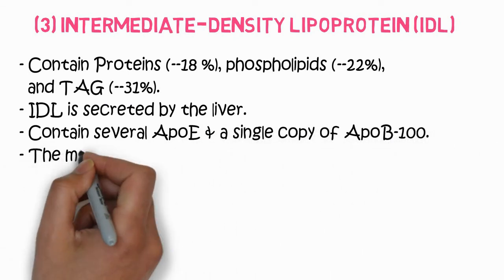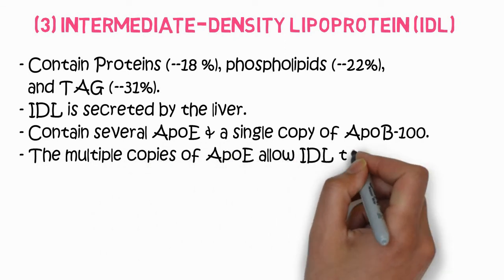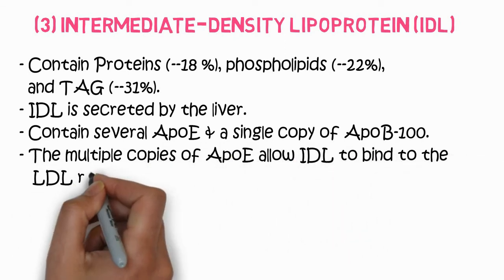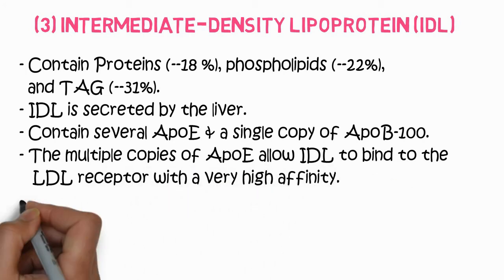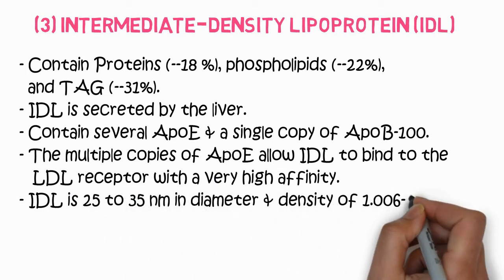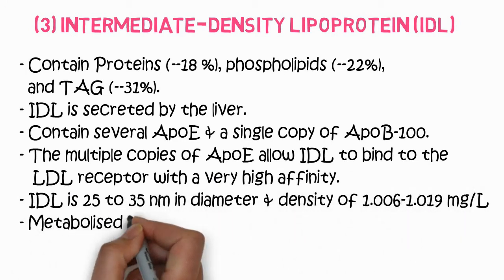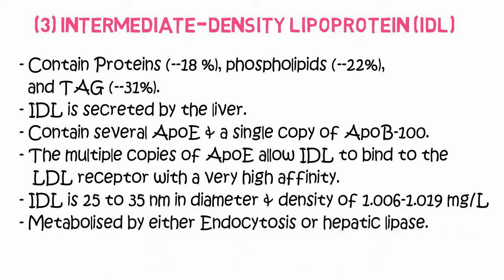They contain several apoprotein E and a single copy of ApoB100. The multiple copies of the apoprotein E allow IDL to bind to LDL receptor with a very high affinity. IDL is usually 20 to 35 nanometer in diameter and a density above 1.